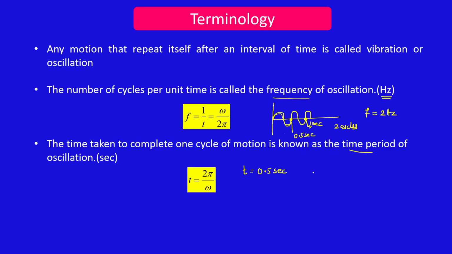So what is frequency? 1 divided by time. Here, 1 divided by 0.5, which is nothing but 2 cycles, I mean 2 hertz. So this is frequency. The frequency and time period are just opposite. And this is how you can find frequency and time period in vibration.